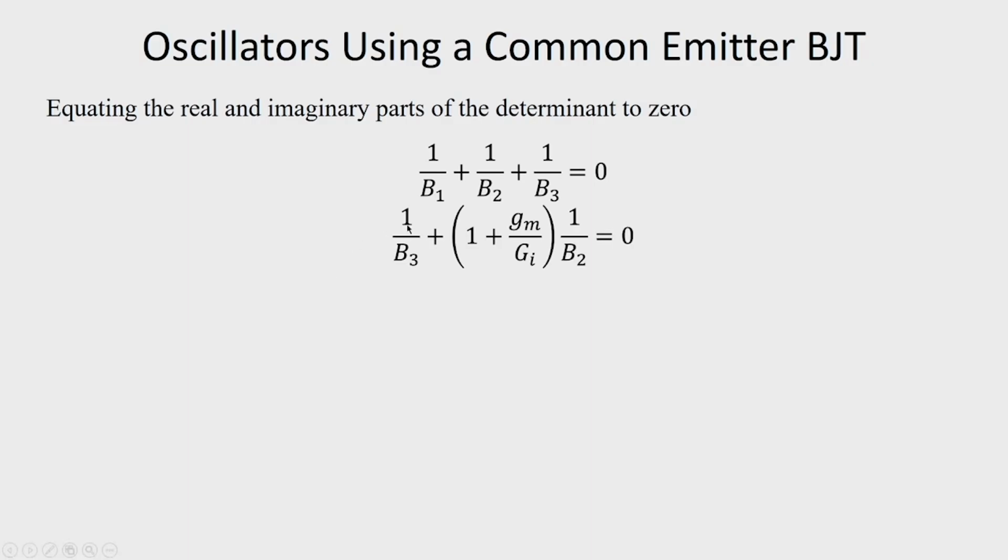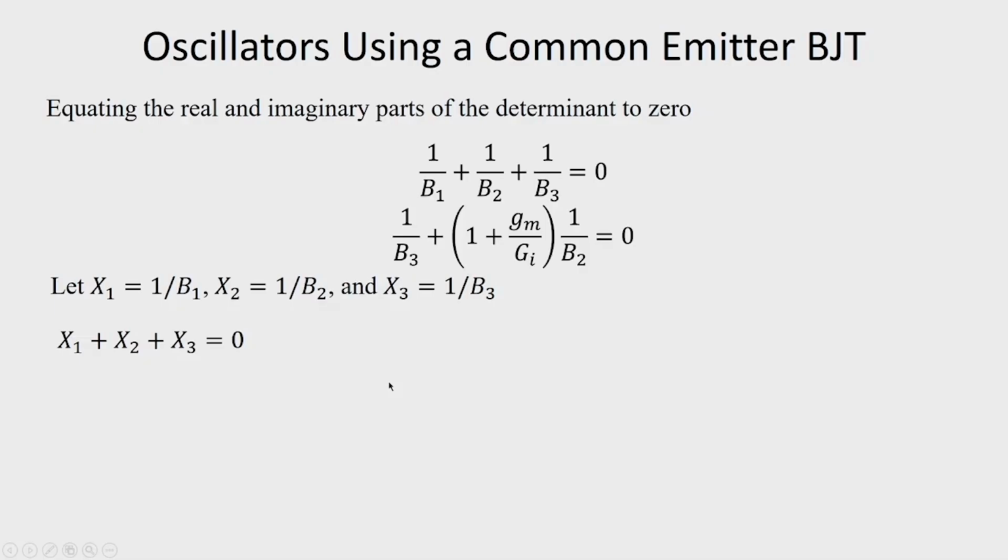And 1 by B3 plus (1 plus Gm divided by Gi) into 1 by B2 equal to 0. So, these are the two relations we obtain.